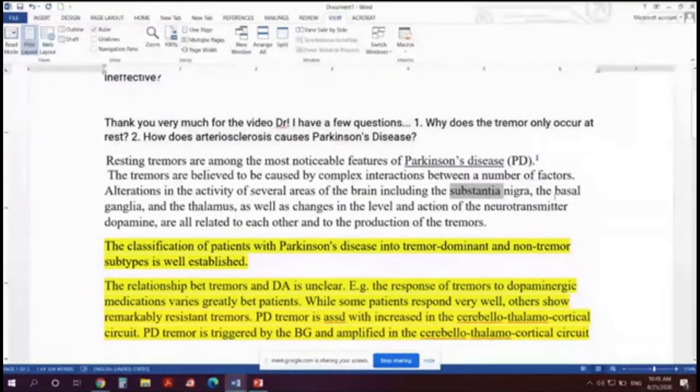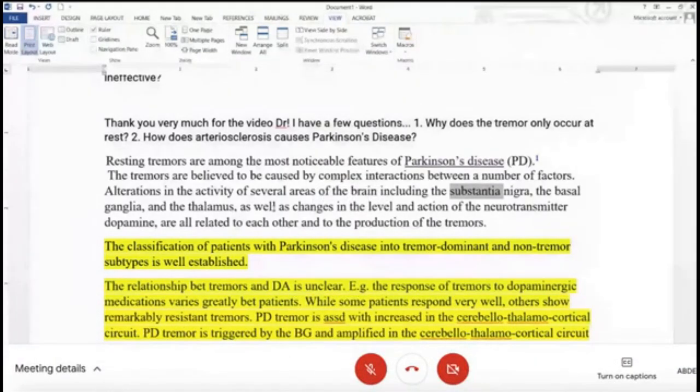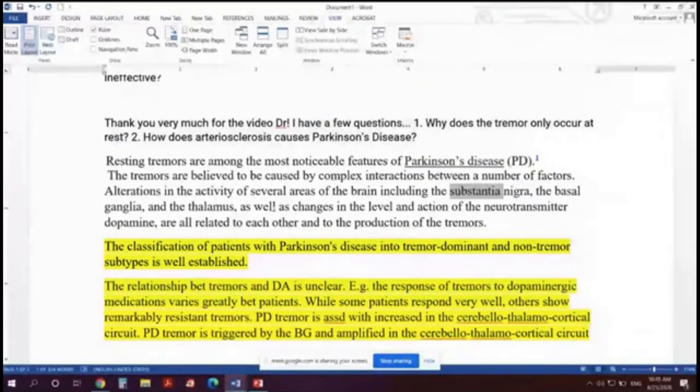The substantia nigra is part of the basal ganglia, along with the thalamus, as well as changes in the level and action of dopamine. They classify Parkinson's disease into tremor dominant and non-tremor dominant subtypes.